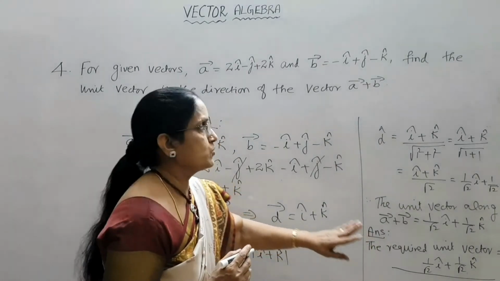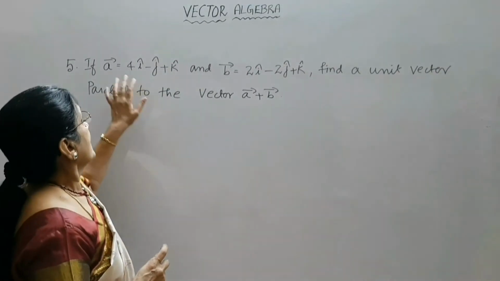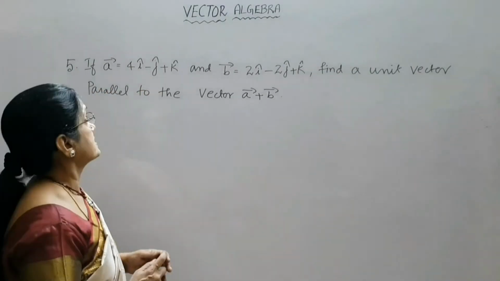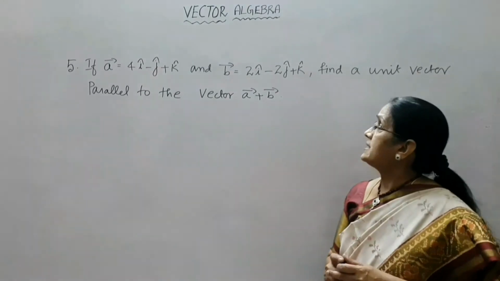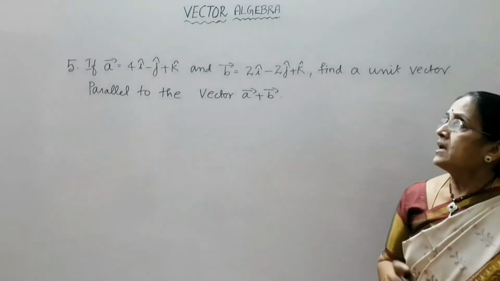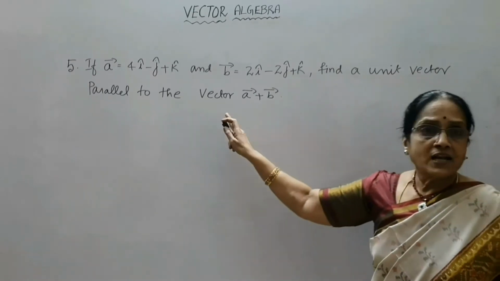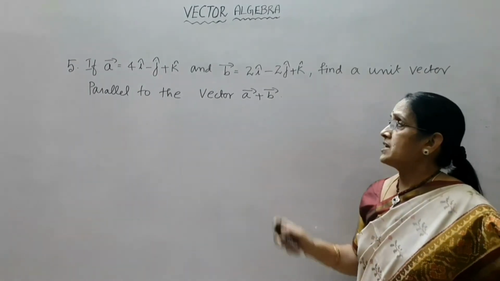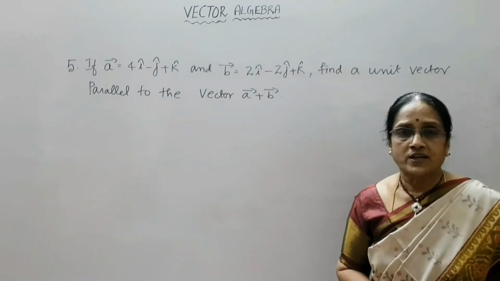Now, let's move on to question number 5. In this question, you have been given vector a as 4i cap minus j cap plus k cap and vector b as 2i cap minus 2j cap plus k cap, and you need to find the unit vector parallel to the vector a vector plus b vector. This question was asked in the 2016 board examination.